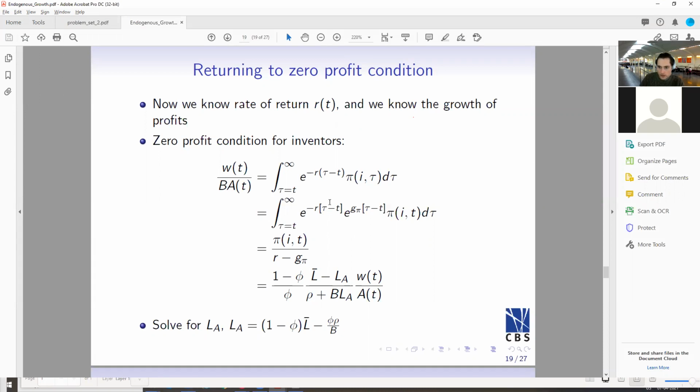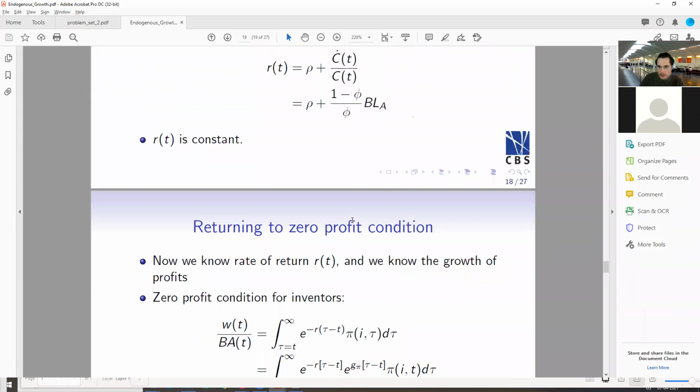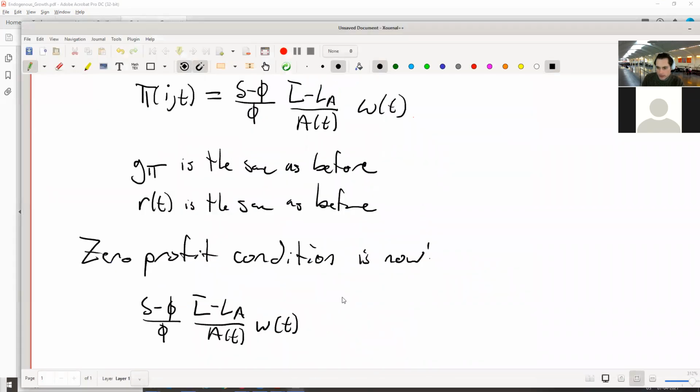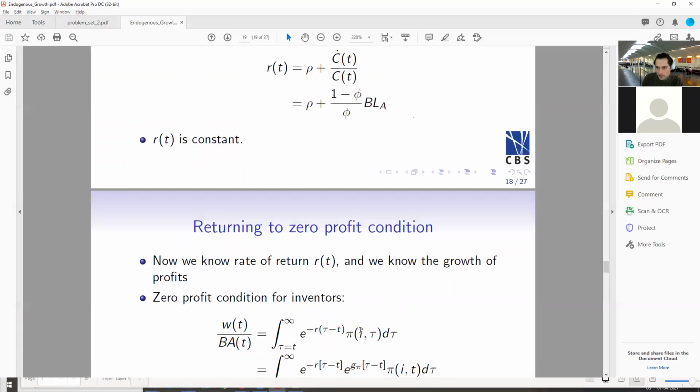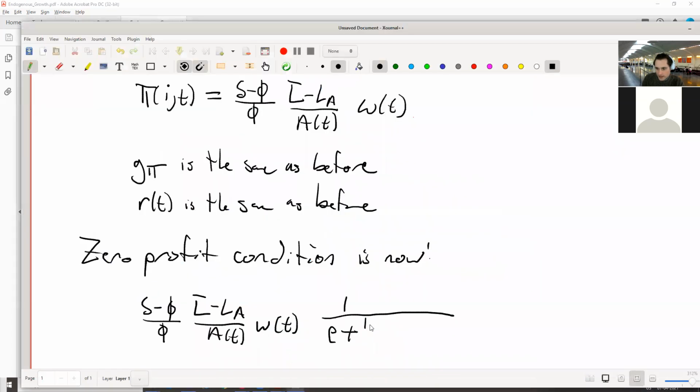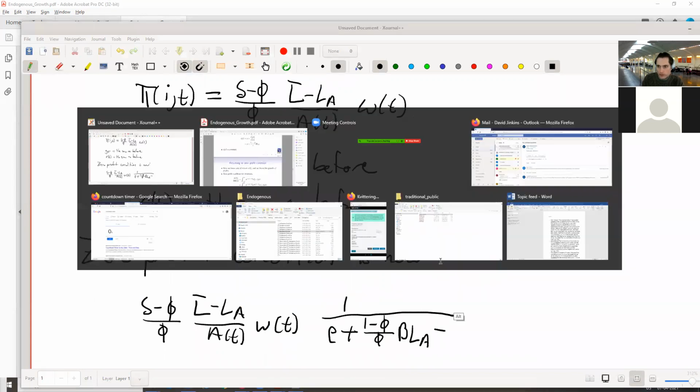R is rho plus 1 minus phi divided by phi BLA times 1 divided by rho plus 1 minus phi divided by phi BLA, minus the growth rate of profit.